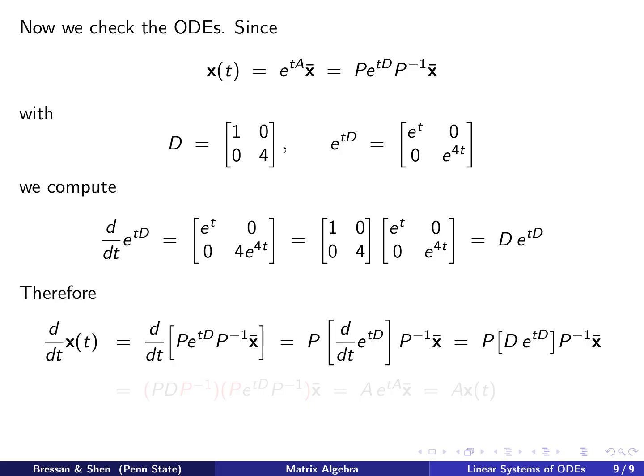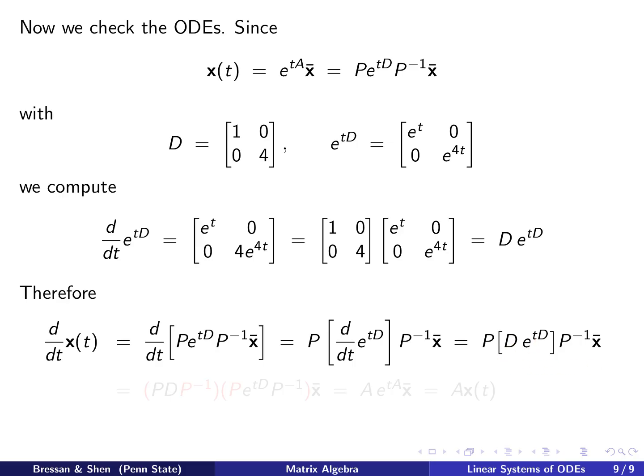Therefore we can compute the derivative of x(t) in dt. So put in x, this expression, that's our solution, and then differentiate this one alone because all the others are constant, and then this one gives me D times e to the tD.